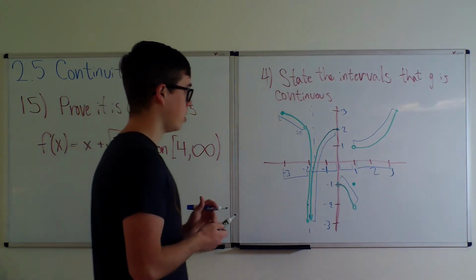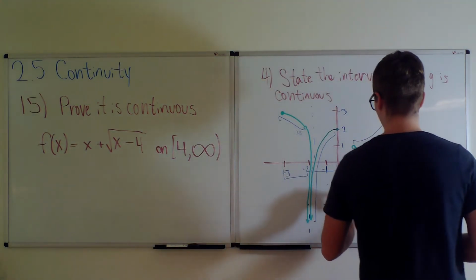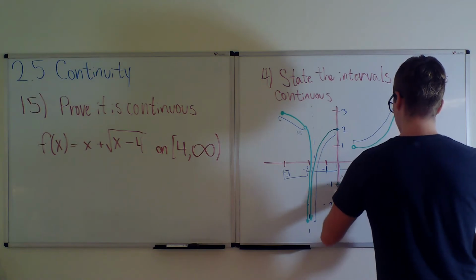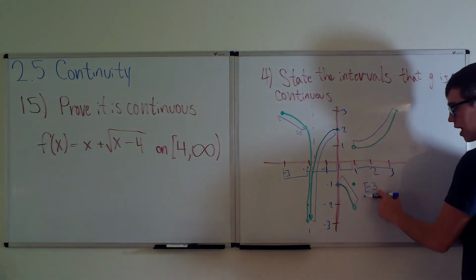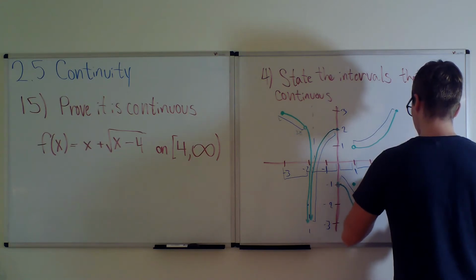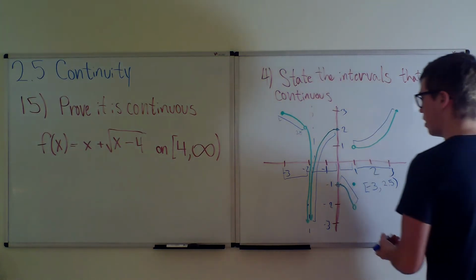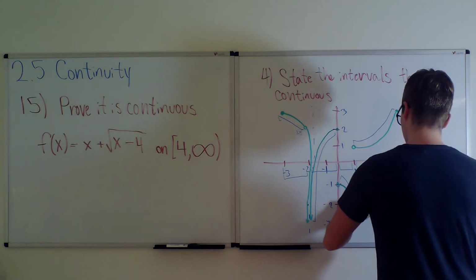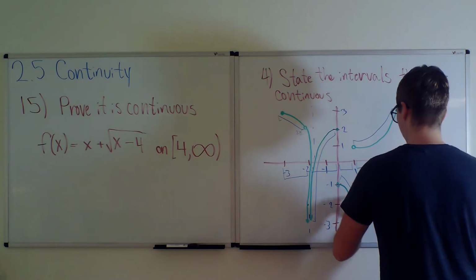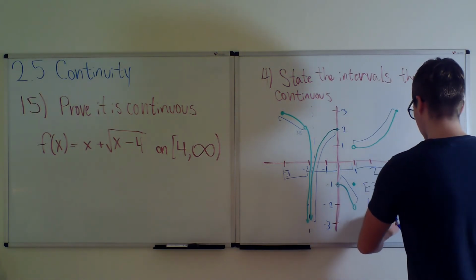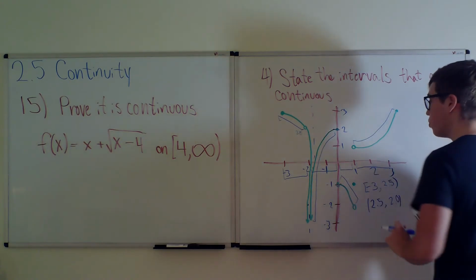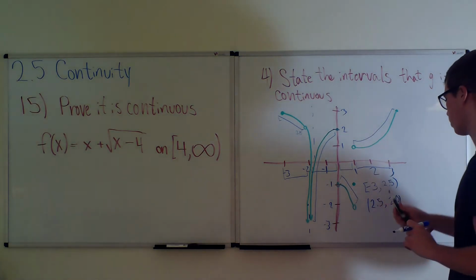So, where is g continuous? g is continuous from -3. It includes -3, that's where the bracket comes from. But does not include 2.5. So there's a parenthesis. Then it is continuous from 2.5 to 2, but it can't include either of those because the graph never equals those.